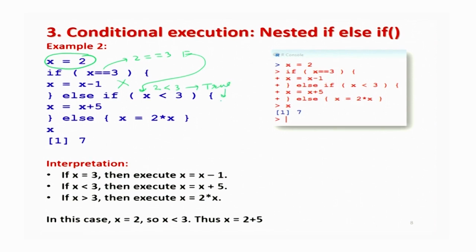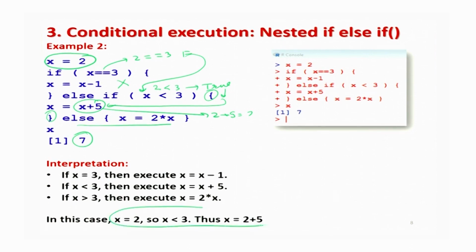So whatever is written inside these curly brackets is going to be executed, and you get the value 2 plus 5 equal to 7. After this, the control will not go to the third condition, because this condition is true, and as soon as a condition becomes true, the execution is done. You can see the outcome comes out to 7, and this is exactly what I explained.